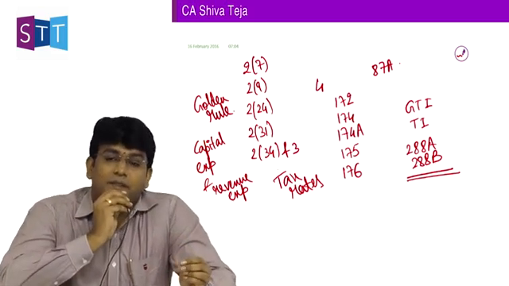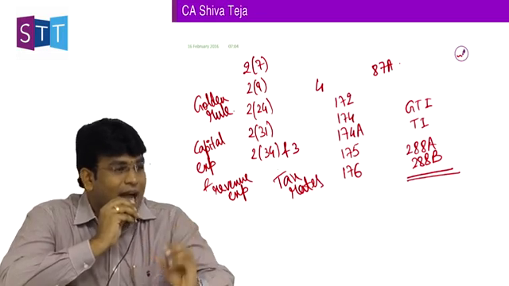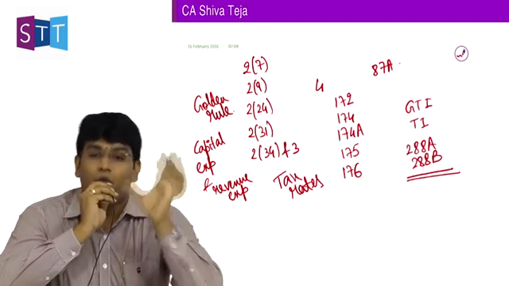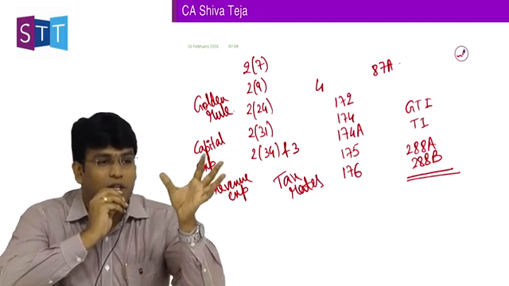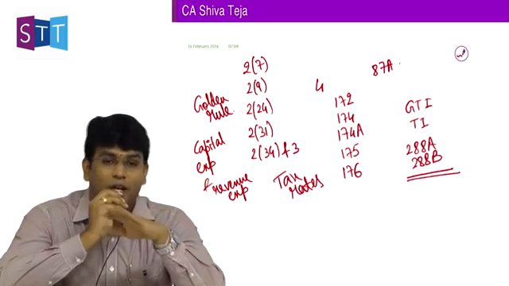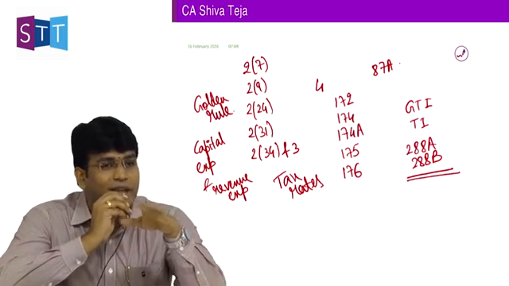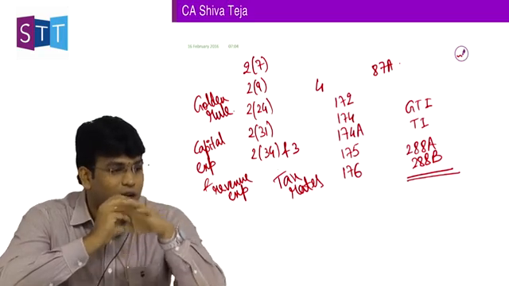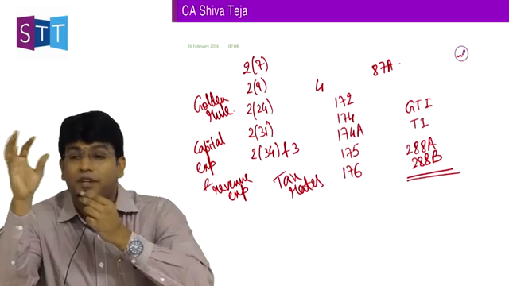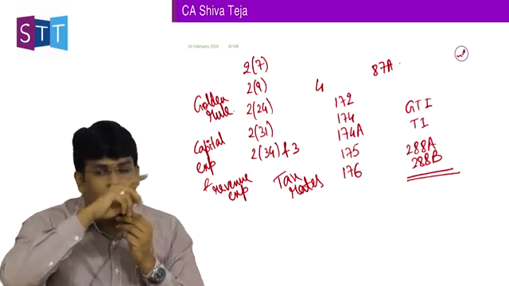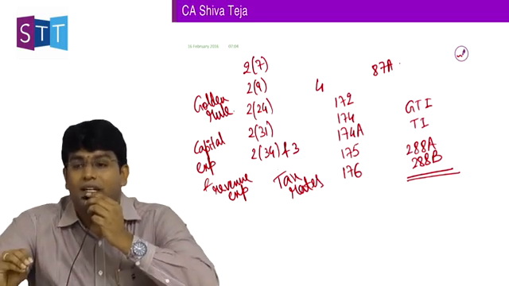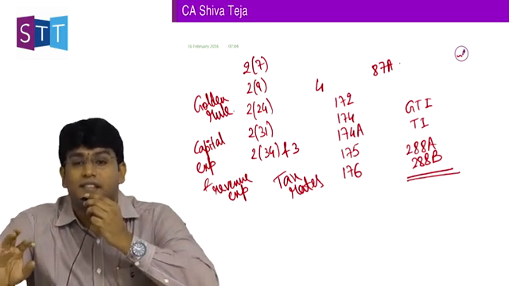Education cess of 3% will apply in all the classes. And surcharge will apply when income is more than 1 crore. For other than company, where income is more than 1 crore, it is a direct flat rate of 12%. There is no discussion of more than 1 crore and less than 10 crore. But in case of company, we classify into Indian company and foreign company. If Indian company total income is more than 1 crore but less than or equal to 10 crores, it is 7%.